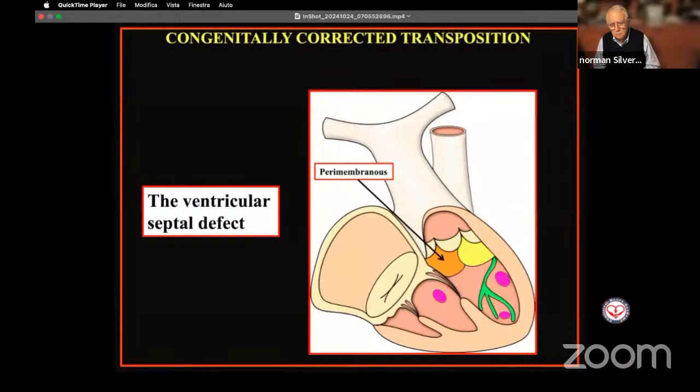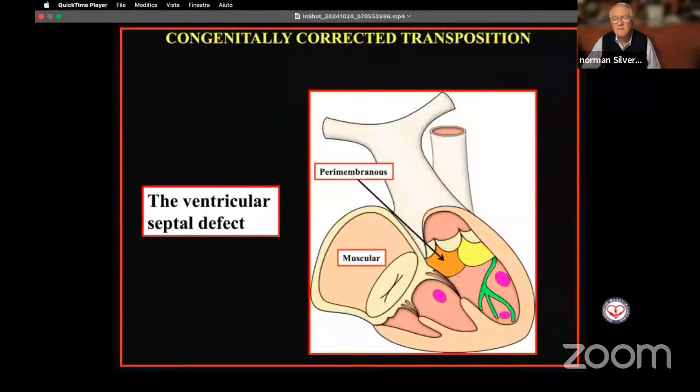And the rules for determining the phenotypes are exactly the same as they are for patients having concordant atrioventricular connections. So the perimembranous defect will have fibrous continuity between the leaflets of the mitral and tricuspid valves.